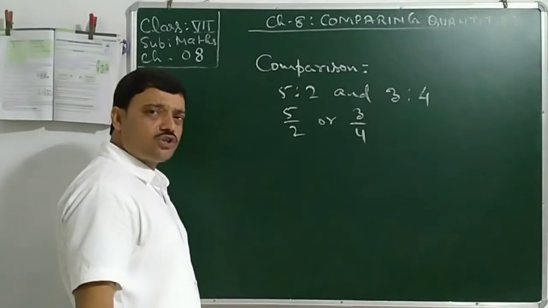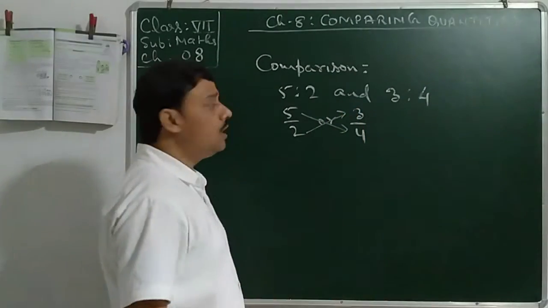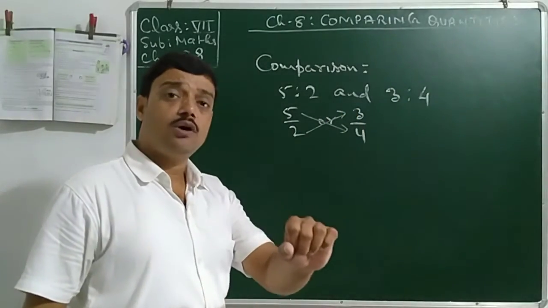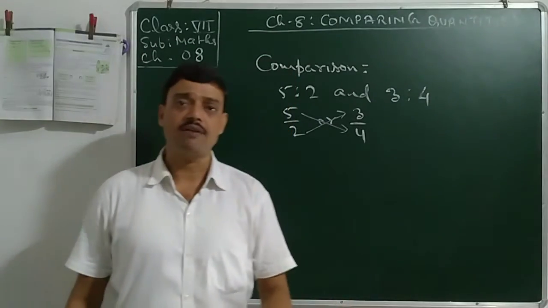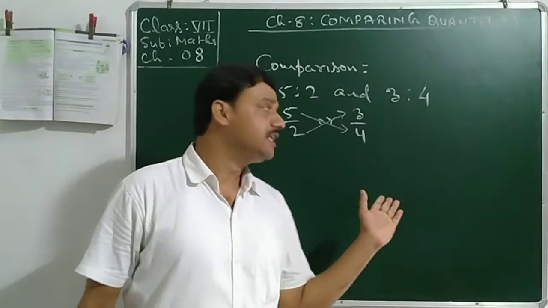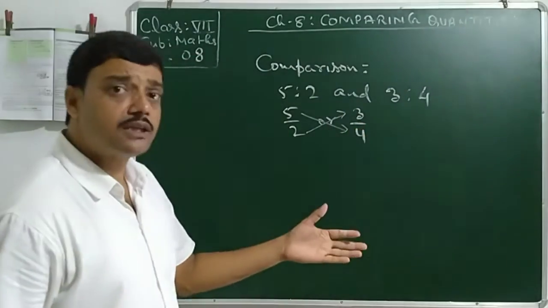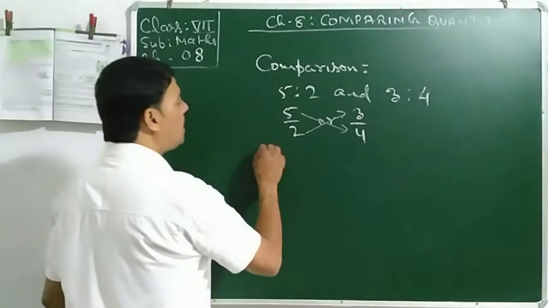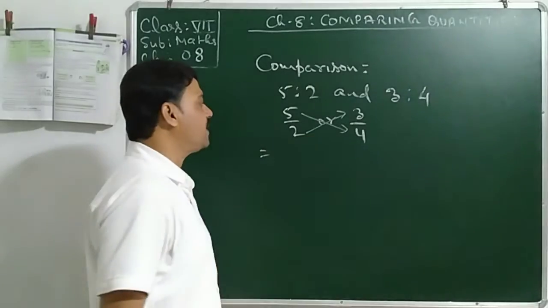In that case also you will use the simple method of cross multiplication, or taking the LCM, that you had learnt in the chapter Fractions. While solving fractions, you had taken the LCM and then found the like fractions. That method also is applicable here, but I think you will find this cross multiplication method much more convenient.